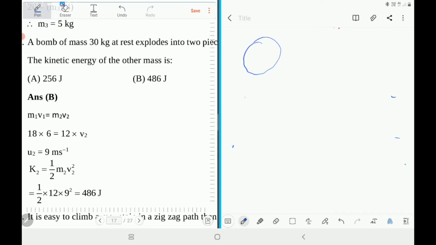This is before explosion. Before explosion, short form. And after explosion, say one moves in a direction to the right, the other may be left with the same momentum according to the law of conservation of momentum. Okay, the other piece like this.